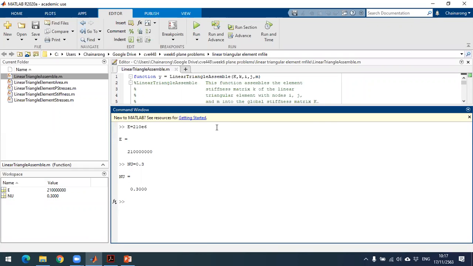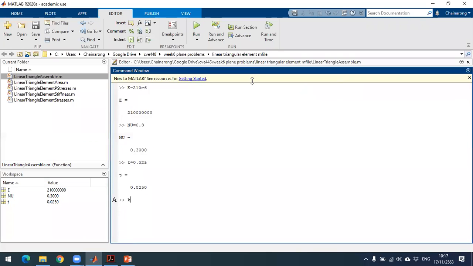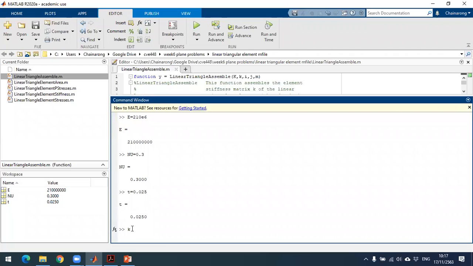After that we set up the thickness, t equal to 0.025 for the problem. Then we determine K1, which is equal to what?